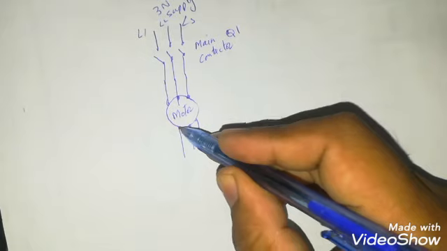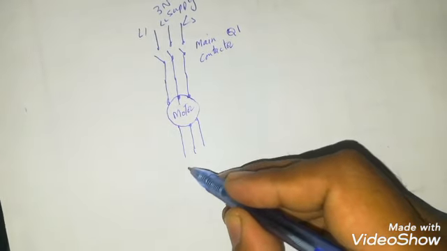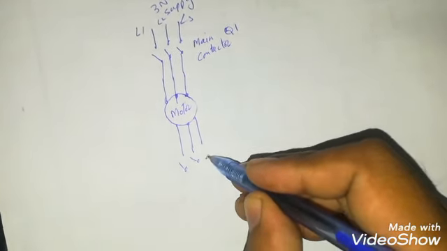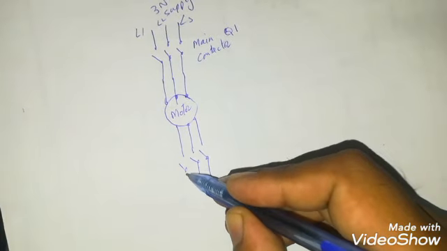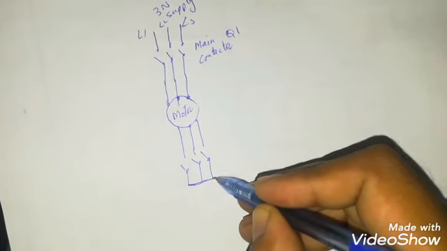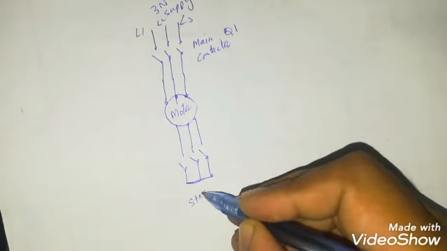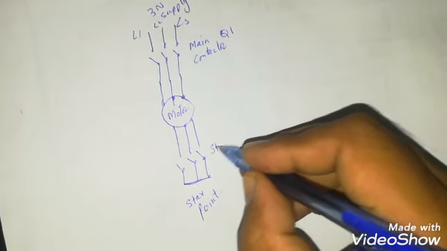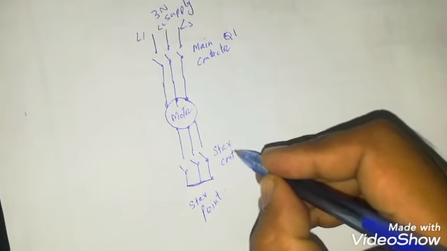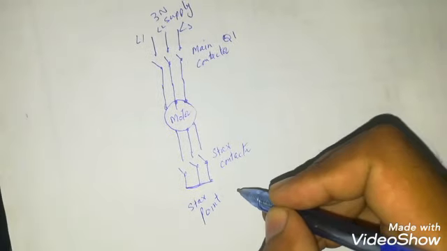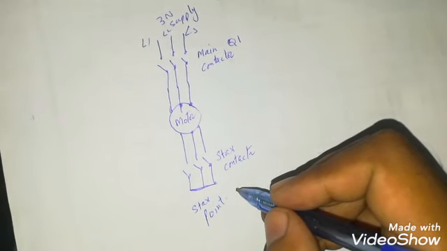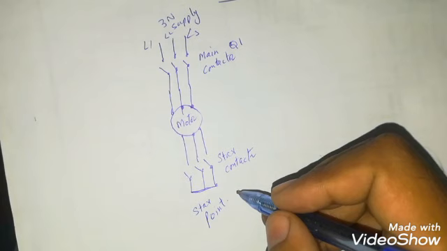At the other three terminals of the motor winding, we will connect a contactor which is called the star contactor, and at the other point we will make a star point. So when this star contactor Q2 energizes, our motor will start running in the star connection.